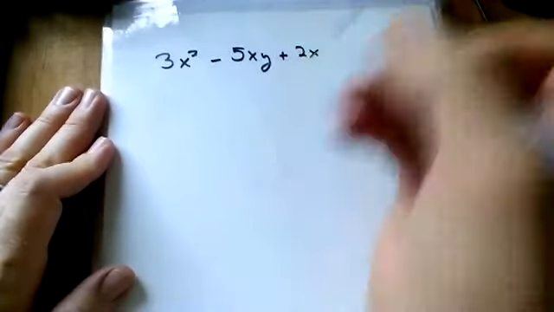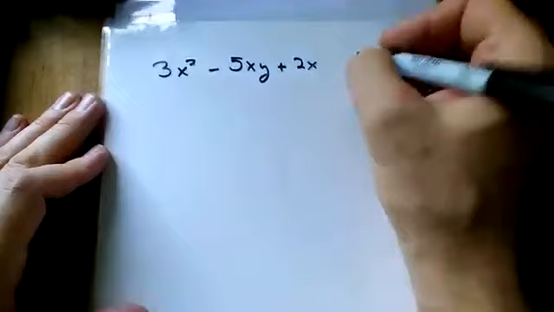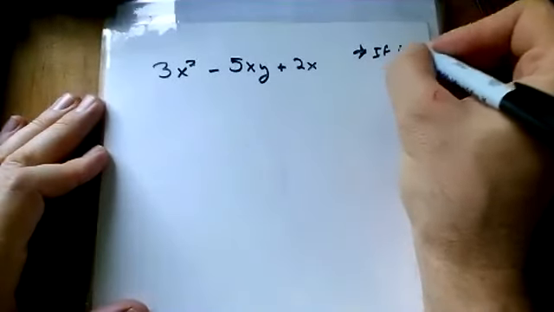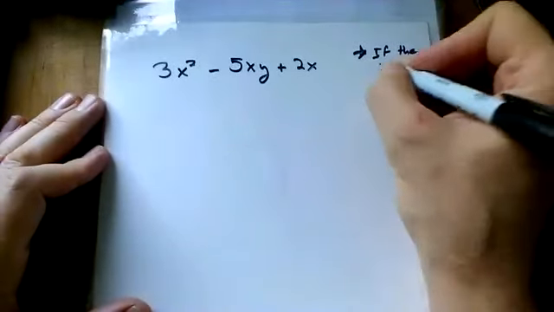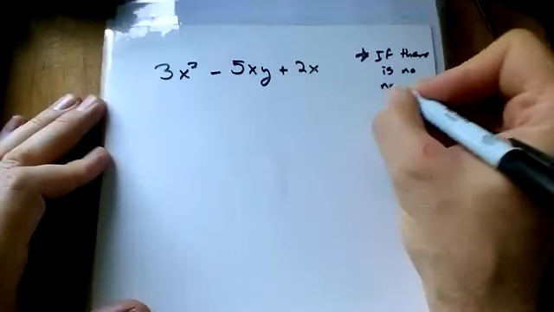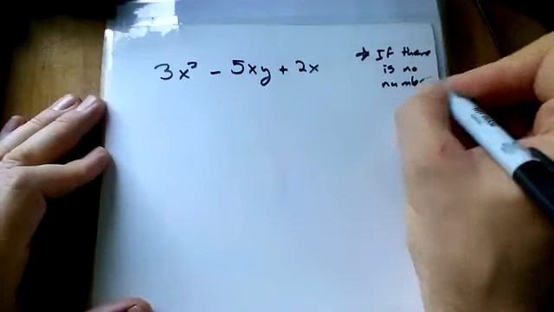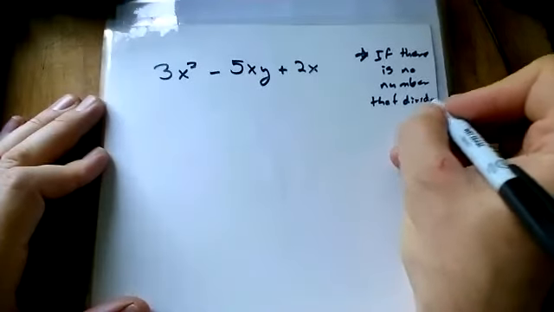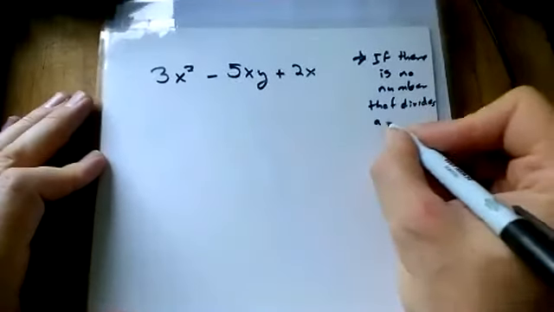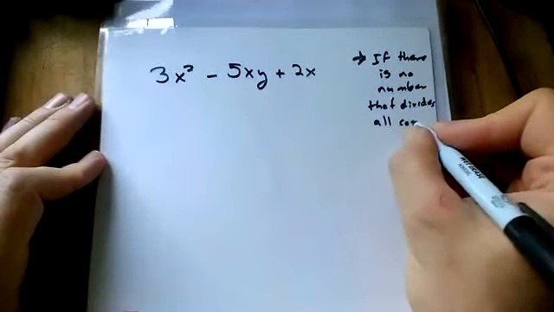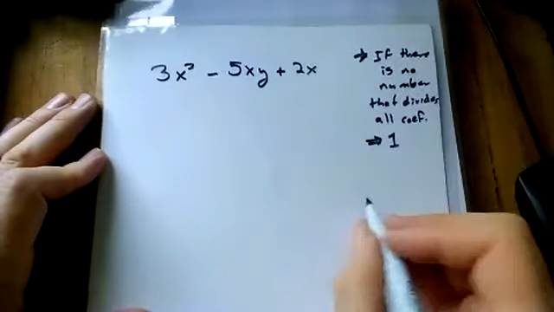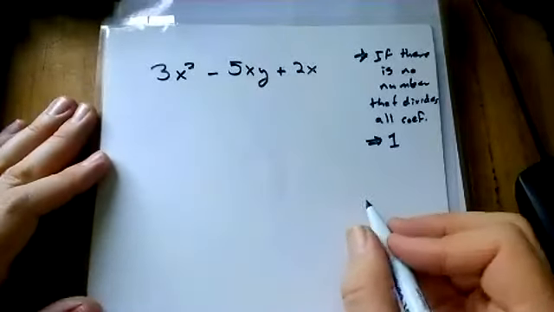Now, if I look at all three of these, I'm looking for a number that goes into all of them. And one of the things to note is that if there is no number that divides all these coefficients, one is always something that will go into them.